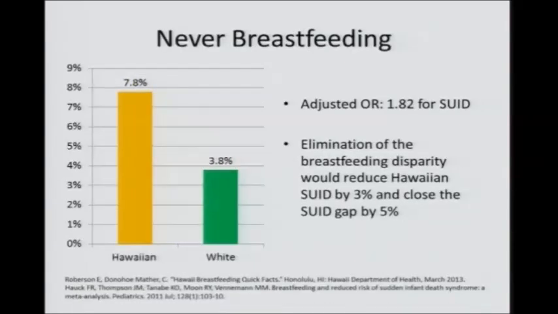Never breastfeeding. Elimination of the breastfeeding disparity had a small effect, and that's because the absolute difference is very small here, just about 4%. And that's what you're using to calculate these estimates. So most women in both populations did breastfeed.